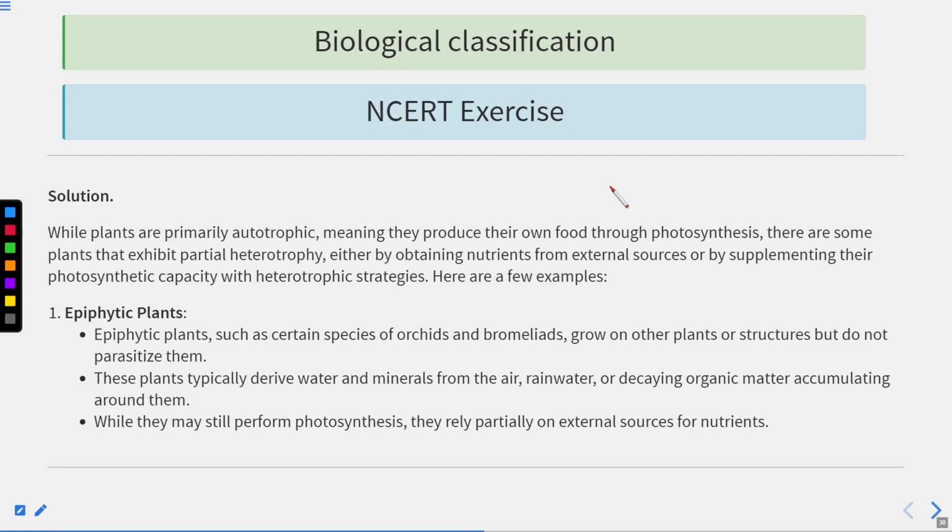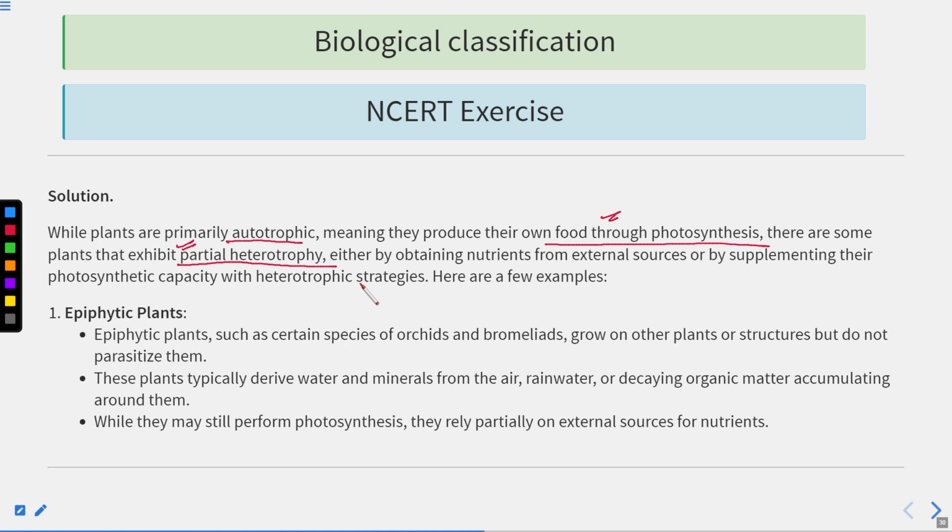So here comes the solution. While plants are primarily autotrophic, meaning they produce their own food through photosynthesis, there are some plants that exhibit partial heterotrophy, that cannot make their own food.